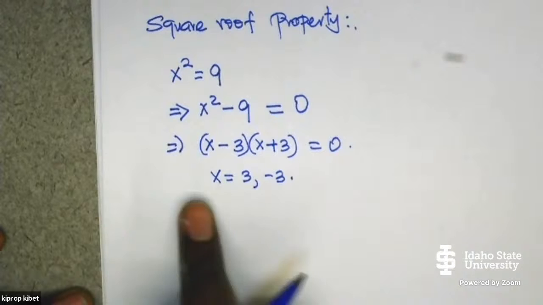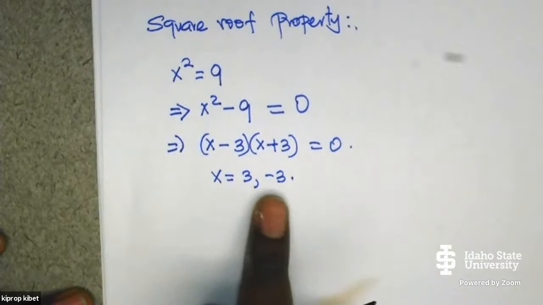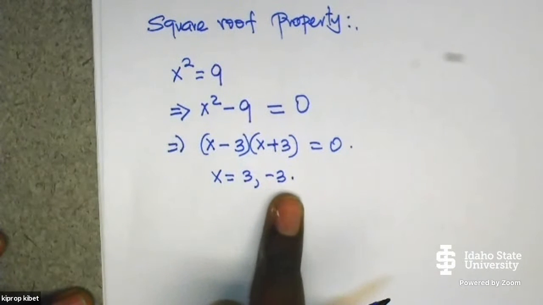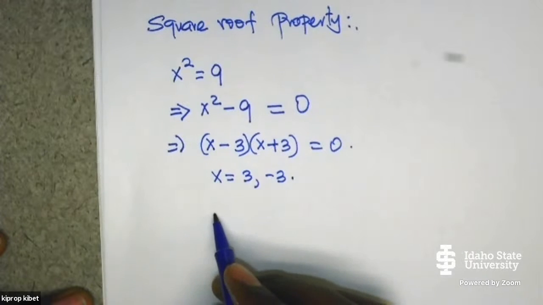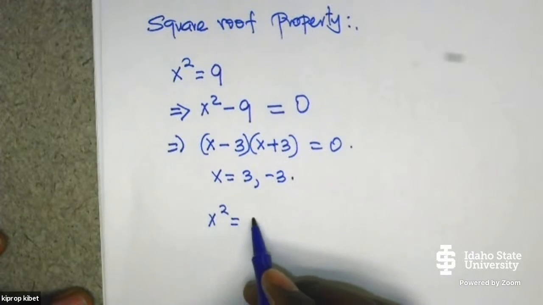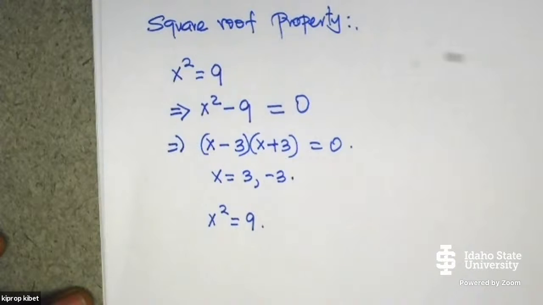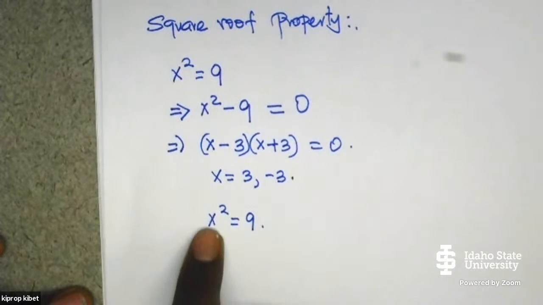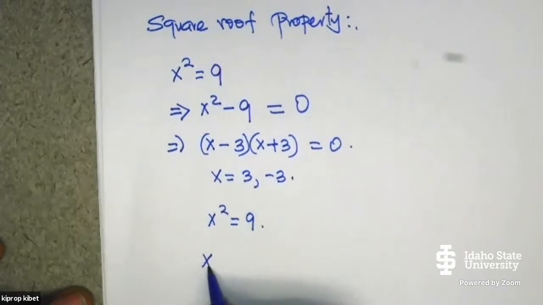Now, since we have seen that x equals 3 or minus 3, then x squared equals 9. If we want to remove the square here, we multiply the exponent by 1/2.